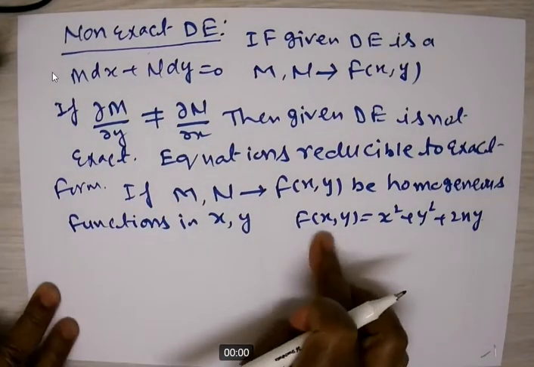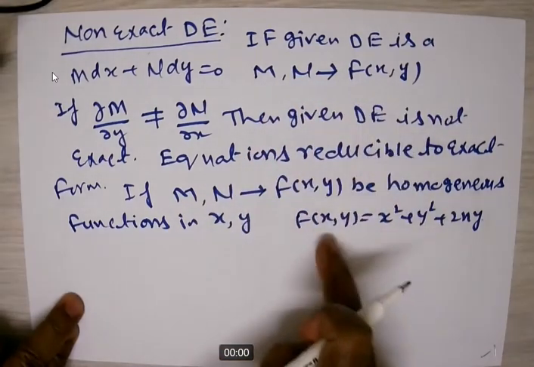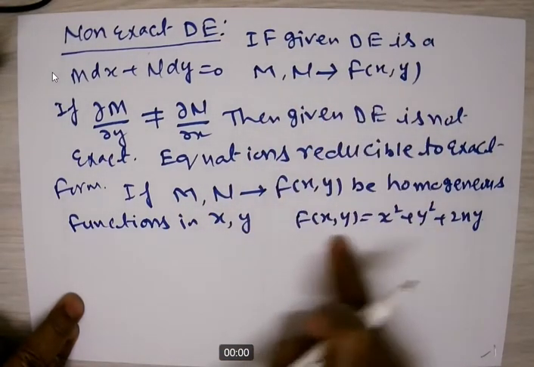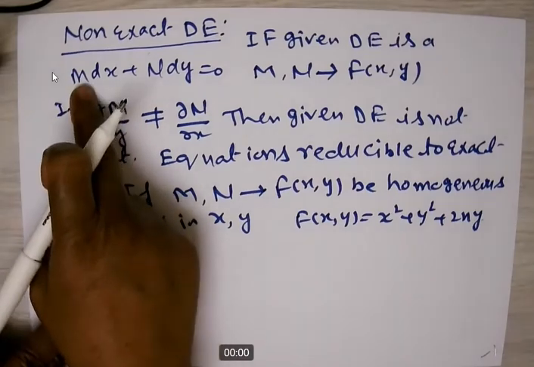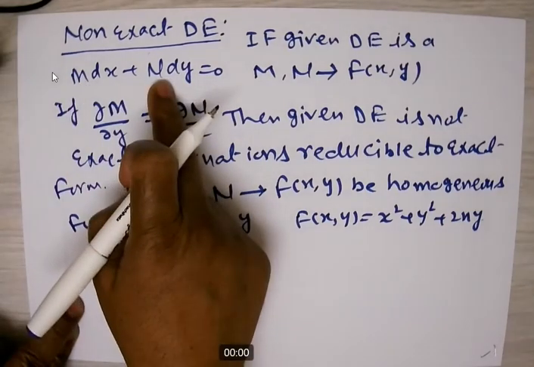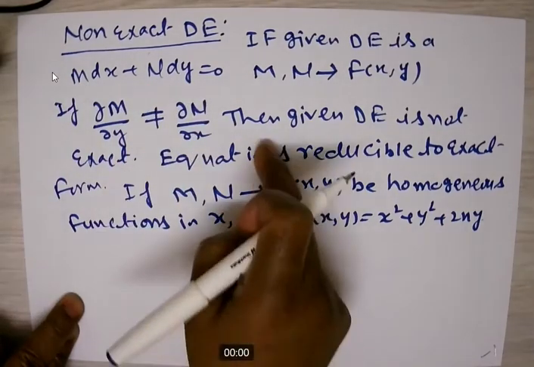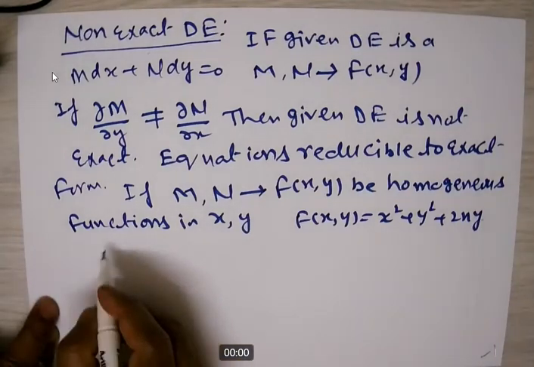How can we do that? First of all, check whether M and N, which are functions of x, y, are homogeneous or not. If M and N are homogeneous, then we can find the integrating factor.